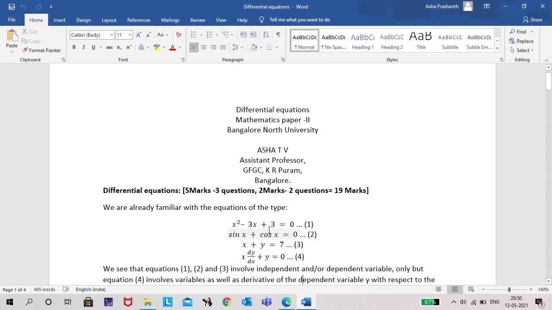Differential equations means the equation contains the independent variable, dependent variable, and their derivatives. In the first, second, and third equations, only the dependent and independent variables are present. But equation 4 involves their derivatives also. So this is called a differential equation. We will see many applications related to differential equations.